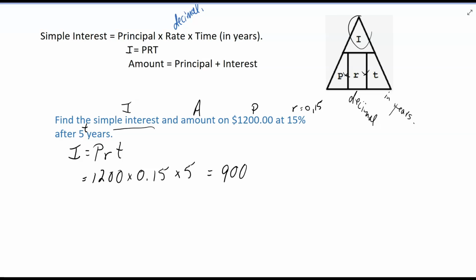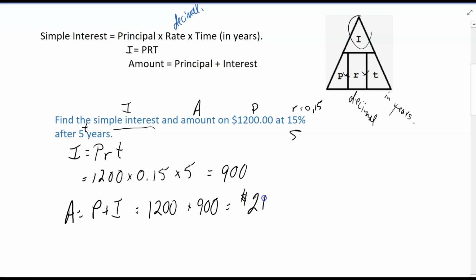And you might think, wow, but that's pretty expensive. Yes, it is. 15% is a high rate there. Now, the amount is equal to the principal plus the interest. So that will be equal to $1,200 plus $900, which is $2,100.